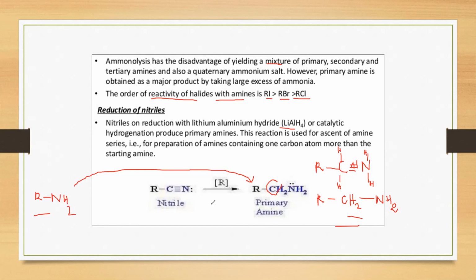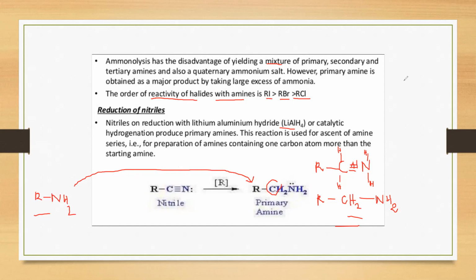That will come in organic conversion reactions. I will explain to you more about where you have to use this particular reaction. Always think in this way: if the final product differs from the initial product by one carbon atom, if there is one carbon atom more in the final product, then you have to think about this.